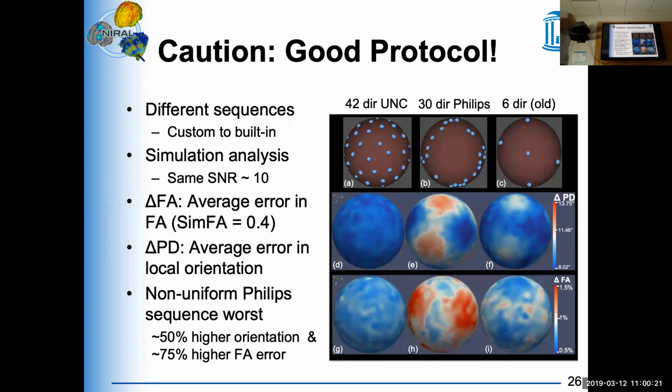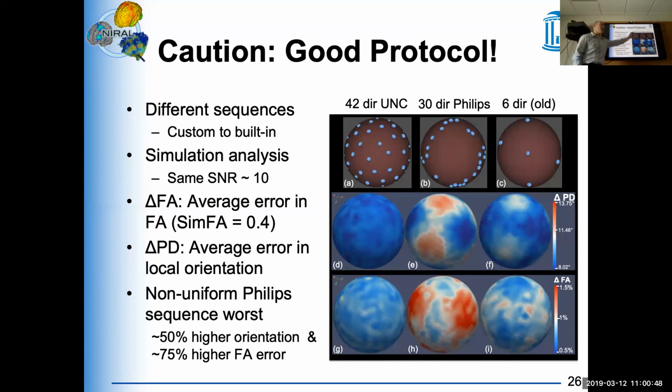Also, one thing that I mentioned: if we reject data, we can potentially not sample some area of the diffusion very well. Another way that can happen is if you don't design your protocol very well. This is, for example, the protocol we were using in our Conti study.